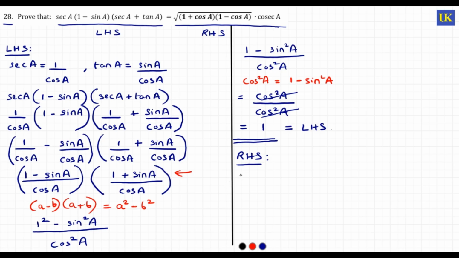What we have in the RHS is the square root of 1 plus cos A into 1 minus cos A, and outside the square root we have cosec A. Here also we can see A plus B, A minus B, so the same formula A square minus B square will apply here.